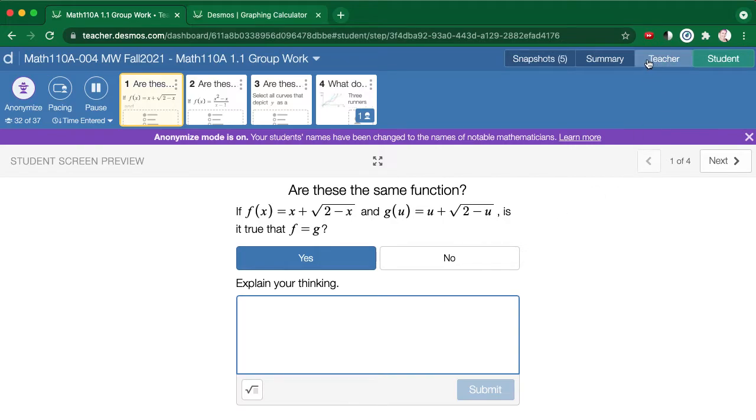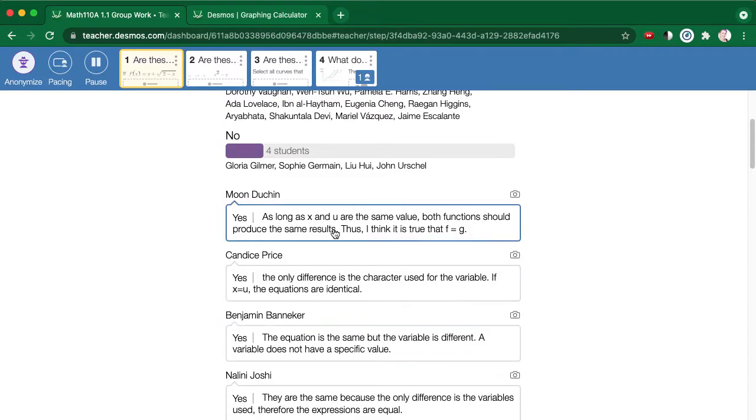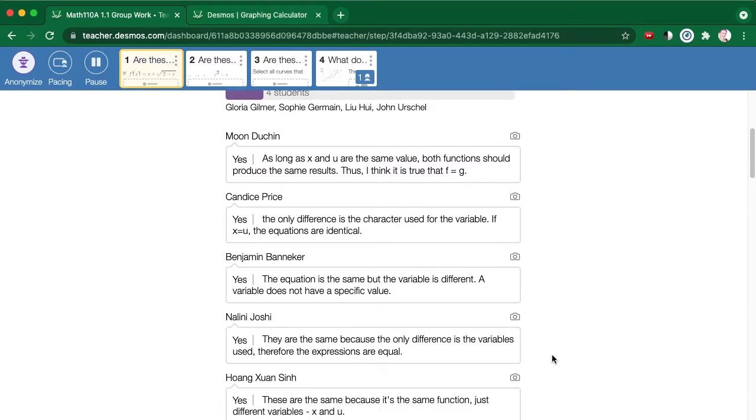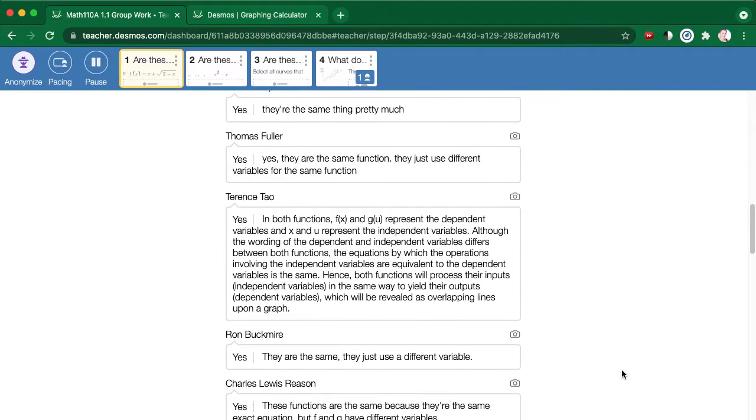Looking at some of the explanations here: as long as x and u are the same value, both functions should produce the same results. Yes, the equation is the same, but the variable is different. I think this is the class where I noticed that somebody used basically this explanation for both a yes answer and a no answer.